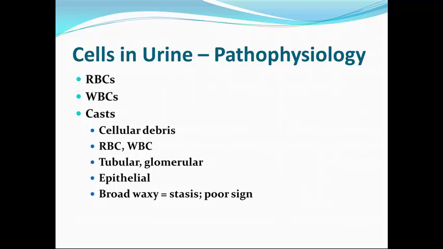When we look at urine-specific gravity, we want to remember that a very dilute urine-specific gravity is 1.000. That's the specific gravity of water. So as you dump more stuff in that water, that urine, the specific gravity would be going higher and higher.